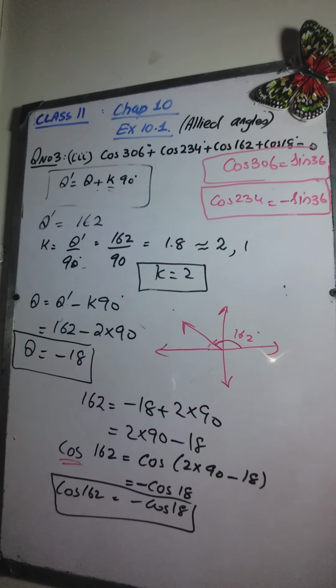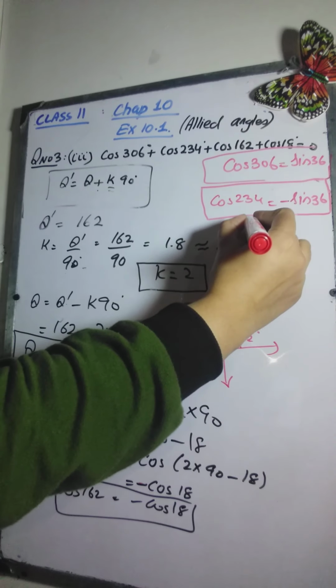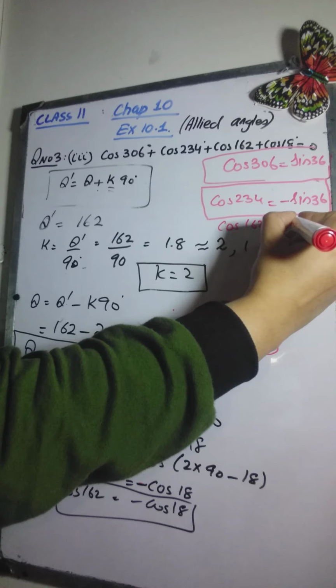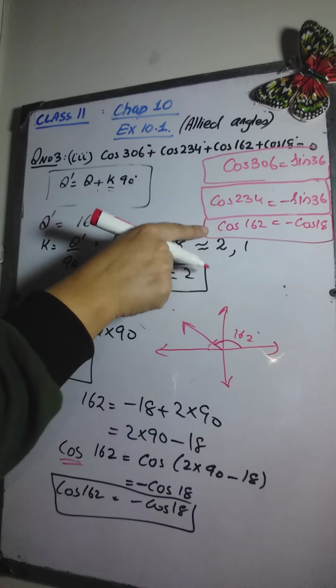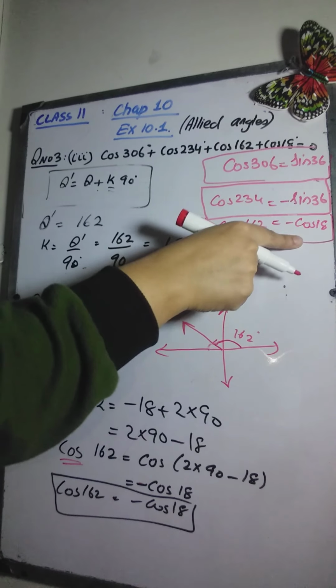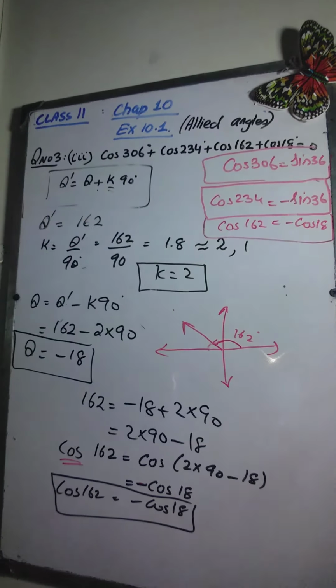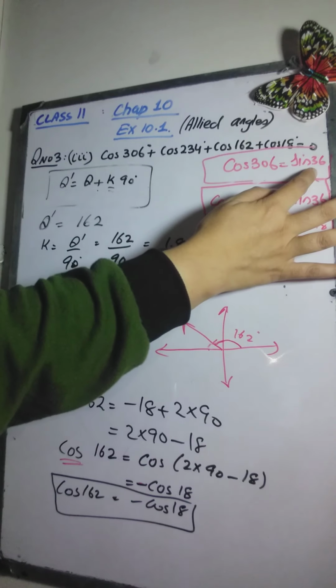So now let me write the third result also. Cos of 162 is equal to negative cos of 18. Now I am going to replace these three expressions by these three to get the right hand side. I have calculated cos of 306, which was sine 36.